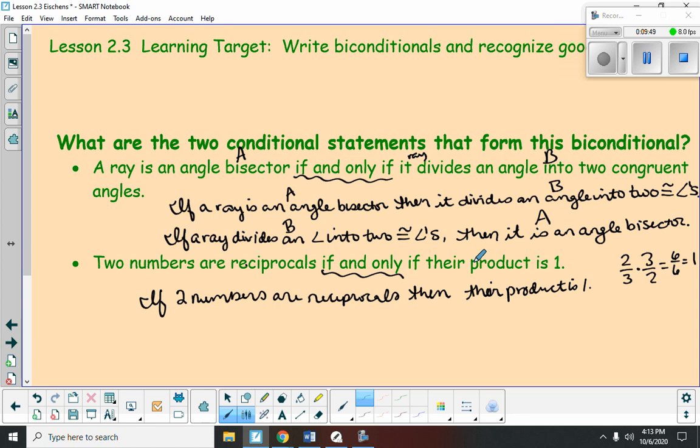Now the second one would be the converse. So we switch the A and the B part.